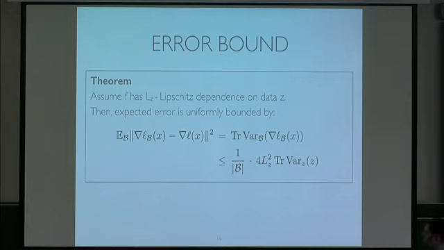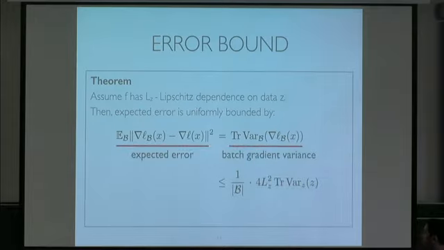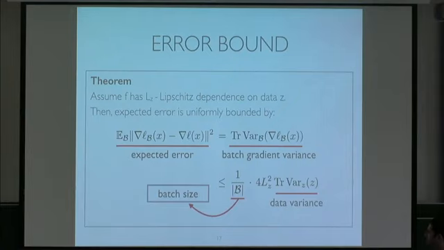We can say that the expected value of the batch gradient error is bounded by the variance in the z's, so the variance in the data set they're training on, and that's an easy thing to measure, times this Lipschitz constant, times 1 over the size of the batch. So here we have this bound. The expected error is bounded by this constant divided by the size of our batch. So this gives us a direct way of controlling the amount of noise in our gradients just by controlling the batch size.